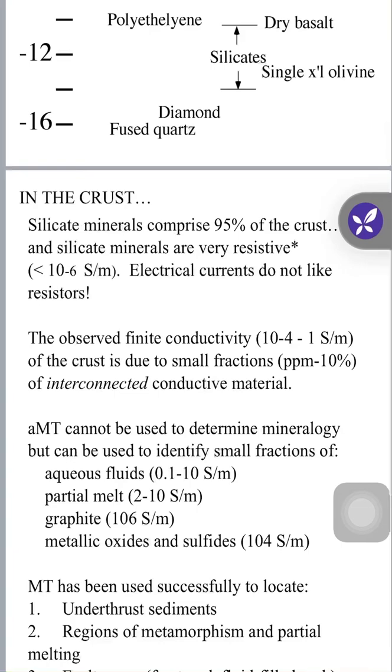When it comes to the Earth's crust, we all know that it comprises mostly silica minerals. Up to 95% of the Earth's crust consists of silica minerals, which are highly resistive to the electrical current.